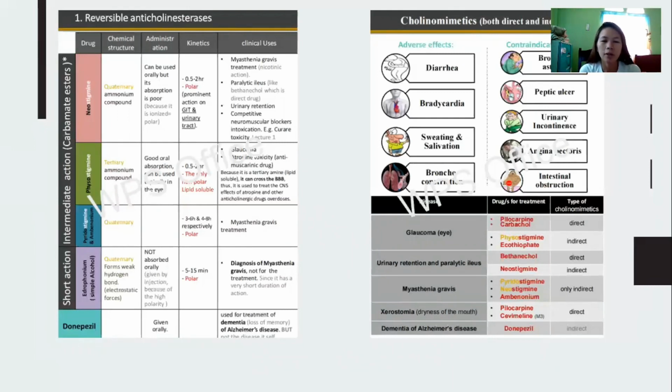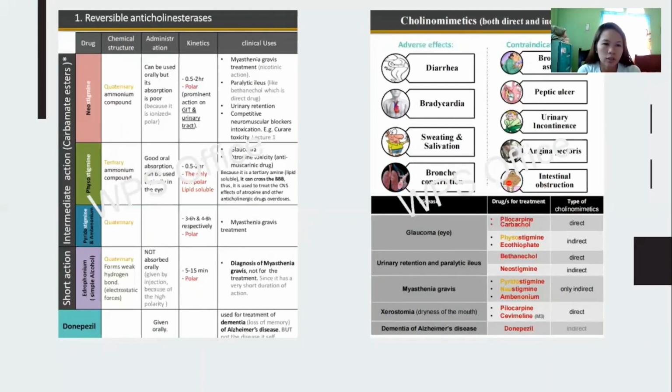Kinetics: 0.5 to 2 hours. Polar: prominent action on the GIT and urinary tract. Clinical uses: myasthenia gravis treatment, nicotinic action, paralytic ileus and urinary retention like bethanechol, which is a direct drug, and competitive neuromuscular blocker intoxication.